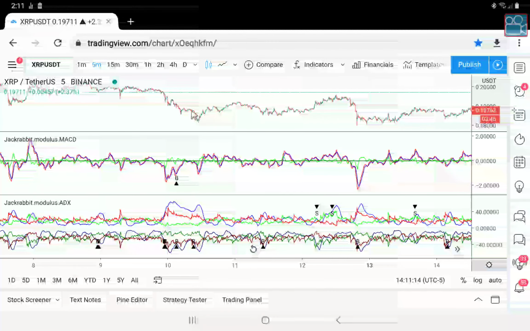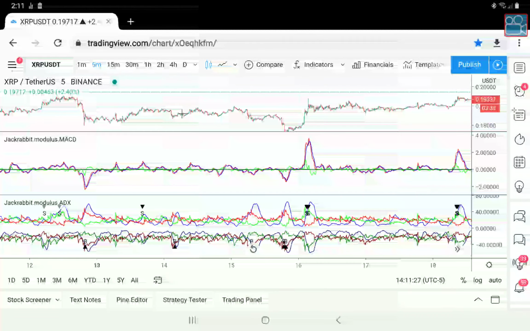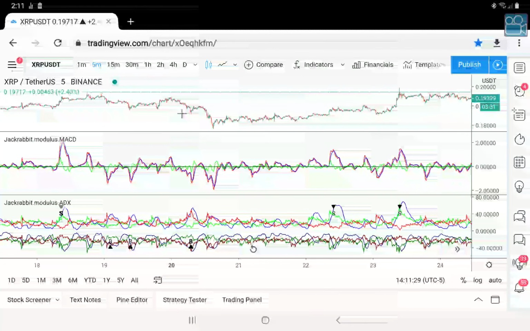So that buy signal took place at roughly 18.7. Let's go back to the sell signal and see if it was a profit.